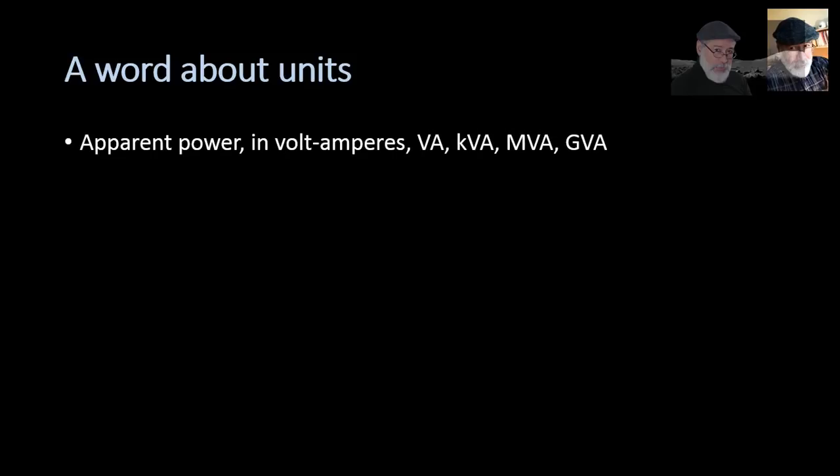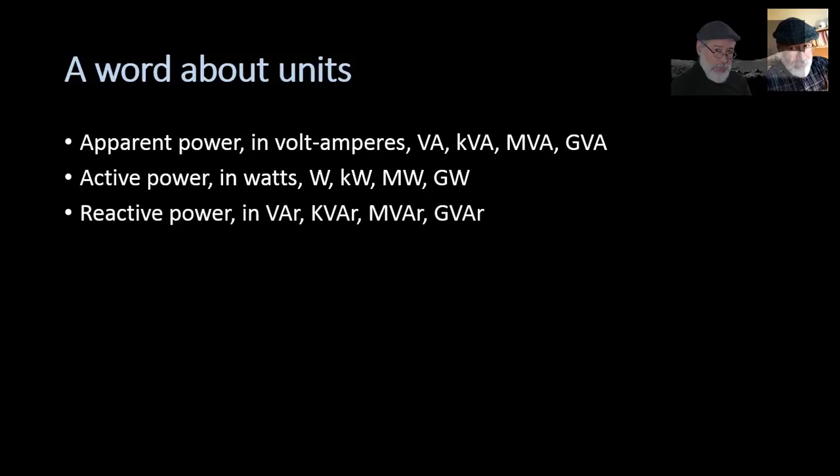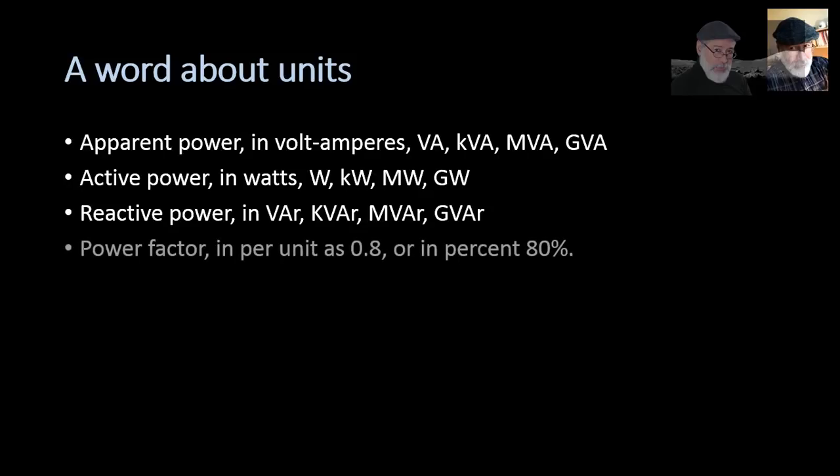A word about units. Apparent power is represented in volt amperes, VAs, kVAs, MVAs, GVAs. Yes, I know it's volts times amps, should be watts, right? This is a convention. Active power in watts, kilowatts, megawatts, gigawatts. Reactive power in volt ampere reactives, VARs, kVArs, megavars. The power factor can be written either in per unit, for example, 0.8, or in percent, 80%.